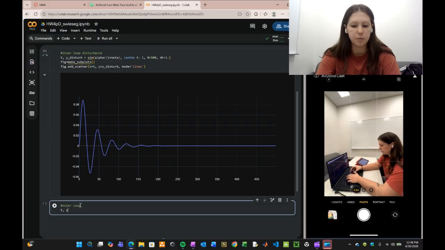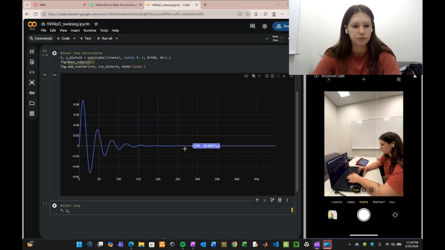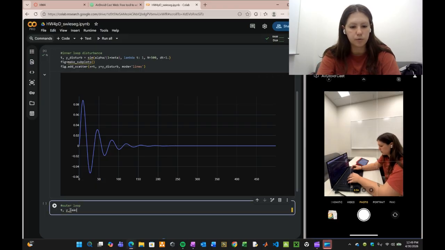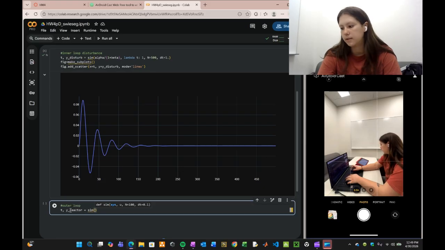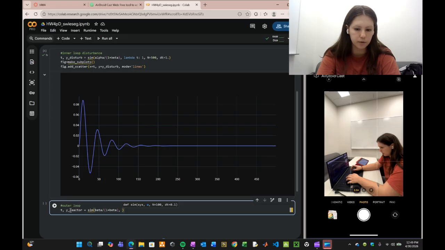Going to do t, y underscore reactor, and this is going to be sim, and then we want to do our reactor transfer function, which was beta over 1 plus beta.